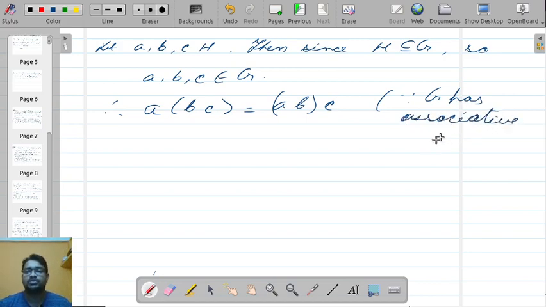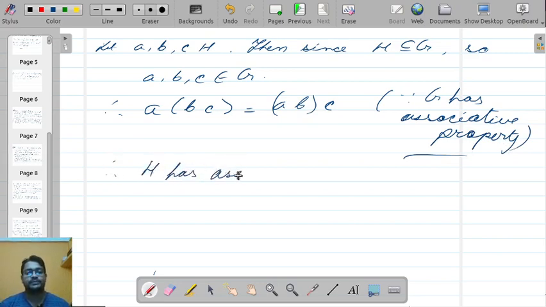The associative property gets carried over to every subset. Since G is associative, H has the associative property. So we have verified all the properties which make H a group.